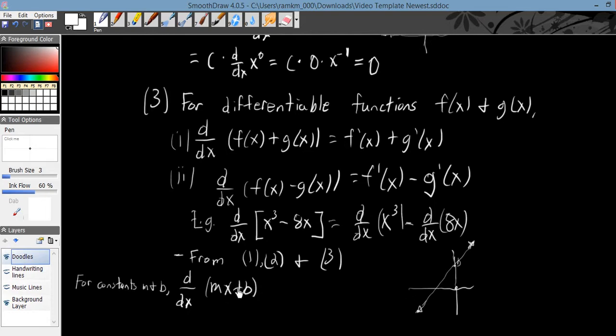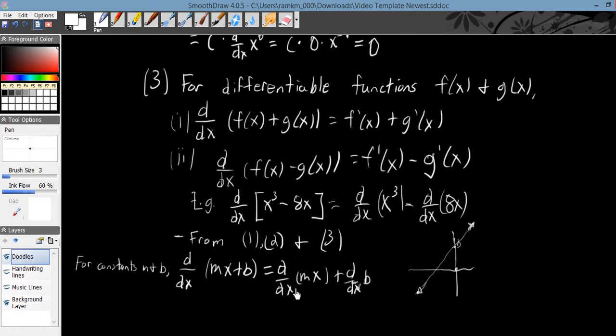But let's verify that. So this derivative of mx plus b is the derivative with respect to x of m times x plus the derivative with respect to x of b. But we know that the derivative of a constant is 0, so this is 0.